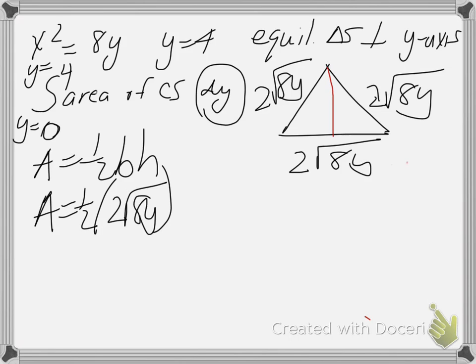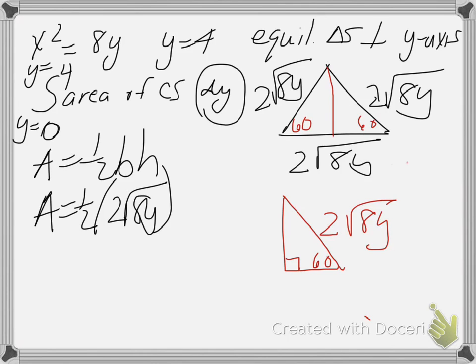So if we create a triangle, okay, I know that this side is 2 radical 8y. I know that this is a right triangle. Because it's an equilateral triangle, every angle is 60 degrees, so this has to be 60. That leaves 30 for this one.